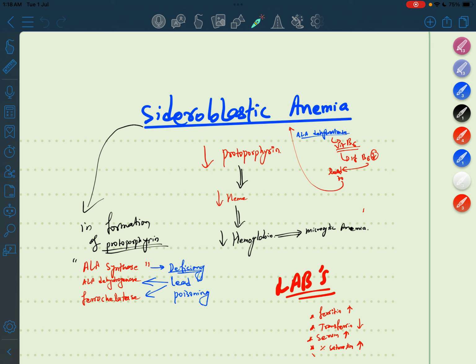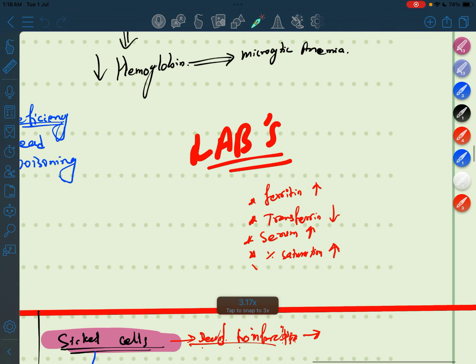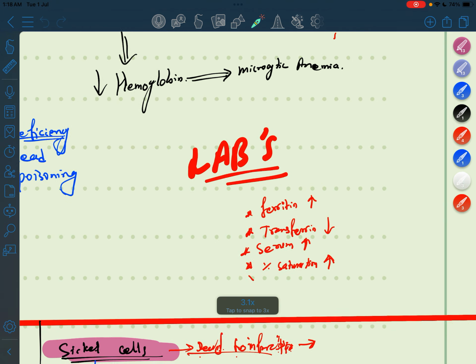ALA dehydratase, vitamin B6, and proper ALA synthesis are involved; deficiency, ALA reduction, lead poisoning, and ferrochelatase poisoning cause it. On labs, in sideroblastic anemia, ferritin is increased, transferrin is increased, serum iron is decreased, and saturation percentage is increased.